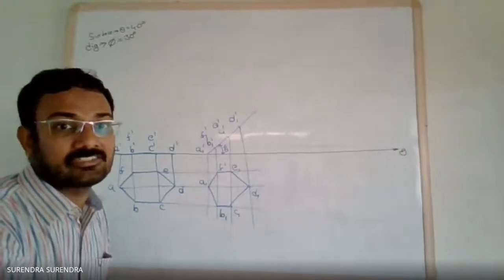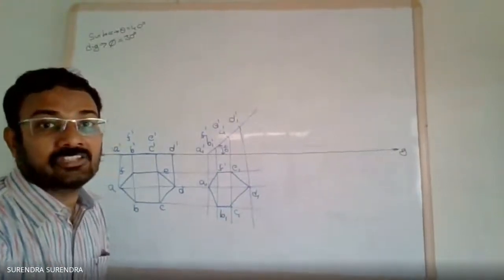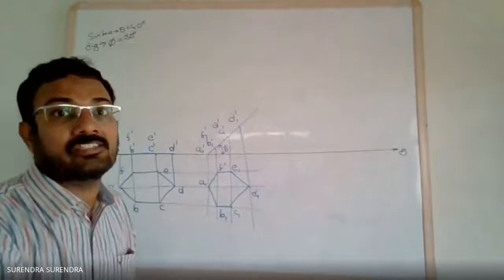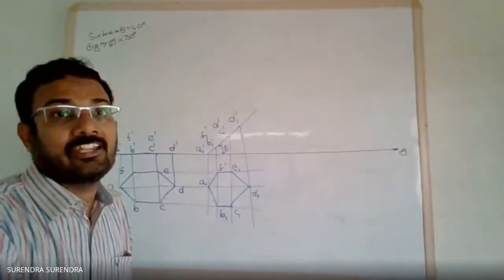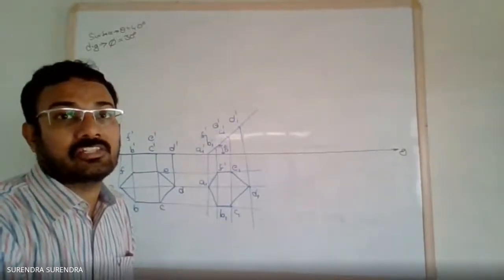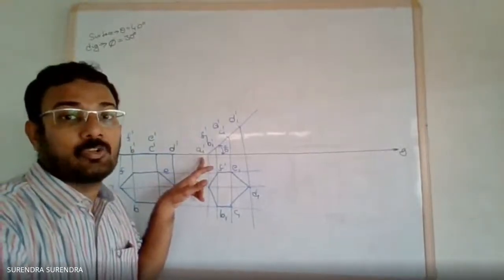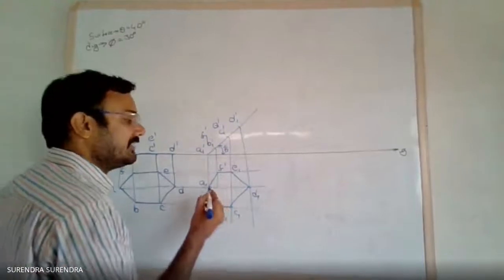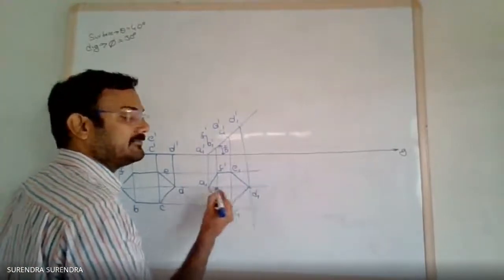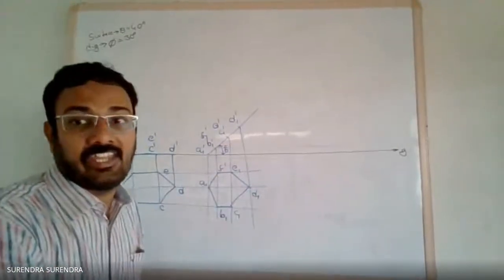Next condition is the diagonal passing through the corner on which it is resting. Identify the diagonal. The corner on which it is resting is point A. The diagonal passing through point A is the diagonal AD.